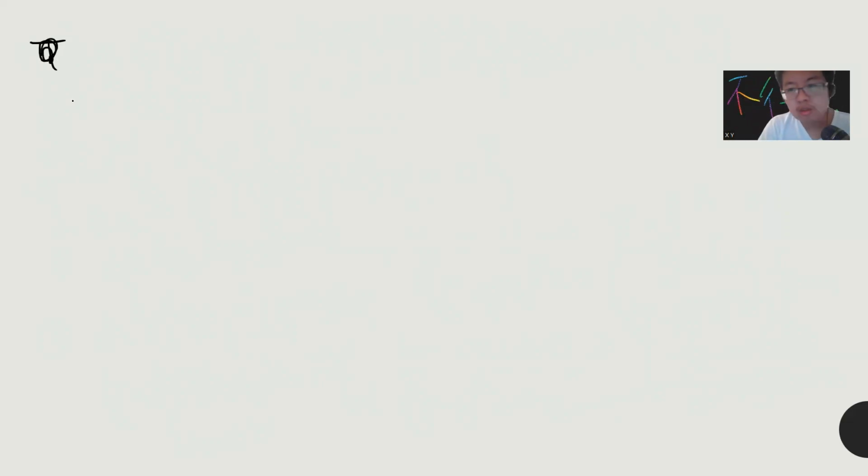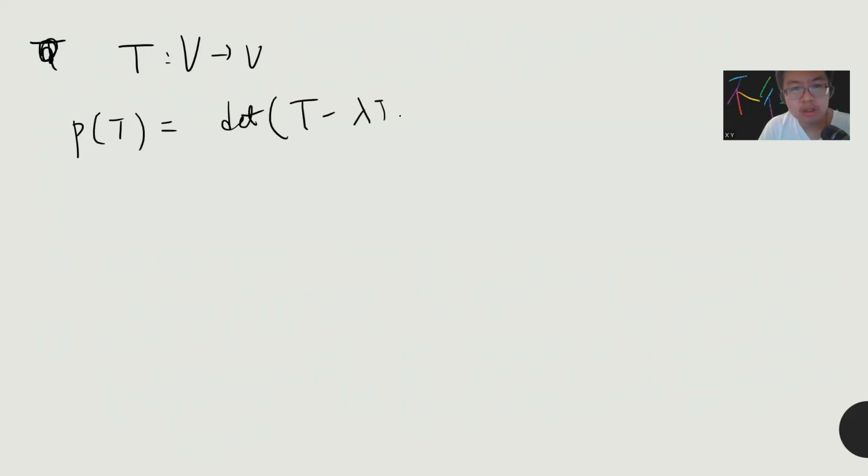The idea is the following. If somebody gives you T as a map from V to V, then you can calculate the characteristic polynomial. Basically the characteristic polynomial p of T is the determinant of T minus lambda I. Say the dimension of V is n, so this will be an n by n complex matrix, with a complex polynomial.